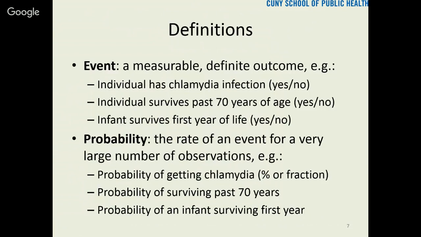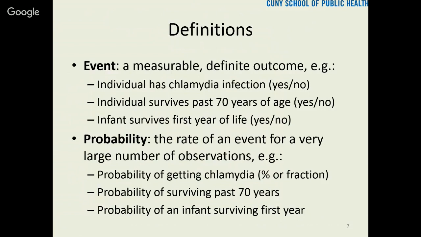Whereas probability is a little bit less concrete than that. If you observe an event, you don't know what the probability of it is. In order to actually observe the probability, you would have to observe many, many of those events and look at the frequency with which each of the possible outcomes of that event occur.